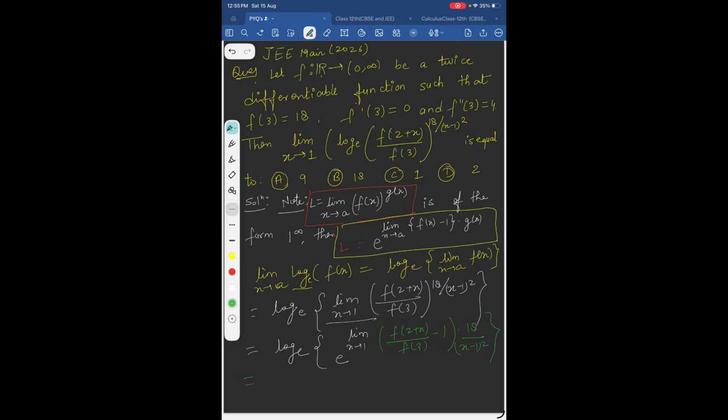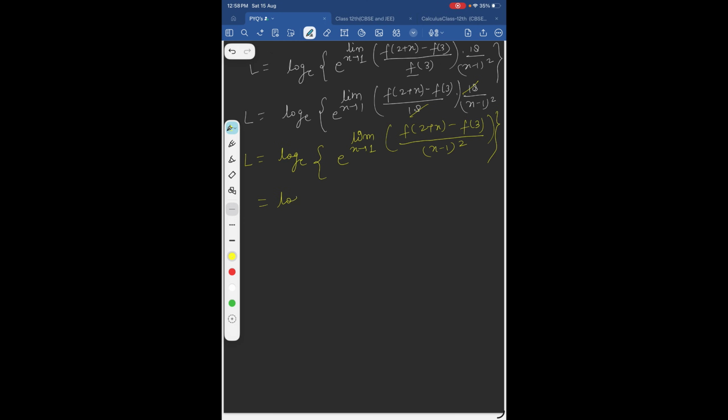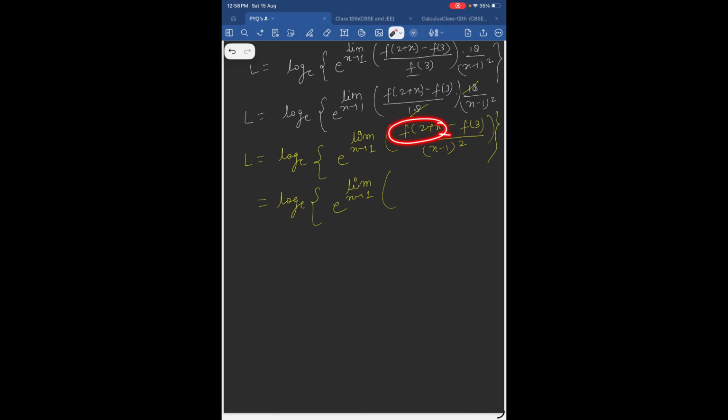This 18 cancels out. So the limit L is equal to log base e power limit x tends to 1. f(2 plus 1) is f(3), so when x goes towards 1, f(3) minus f(3) is 0, and 1 minus 1 is 0, which means this complete function is 0 by 0 form.